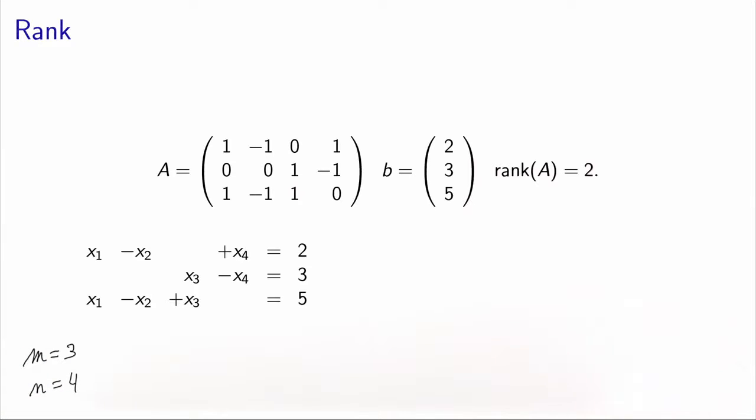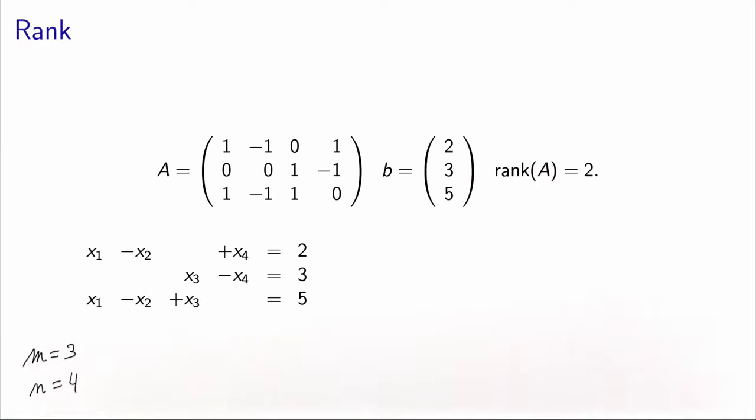The 3 constraints are x1 minus x2 plus x4 equals 2, x3 minus x4 equals 3, and x1 minus x2 plus x3 equals 5. So the matrix A is a 3 by 4 matrix that contains the coefficients of these constraints.